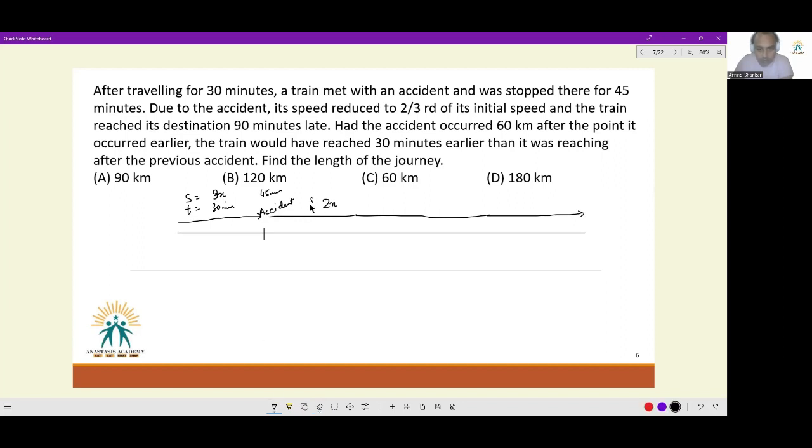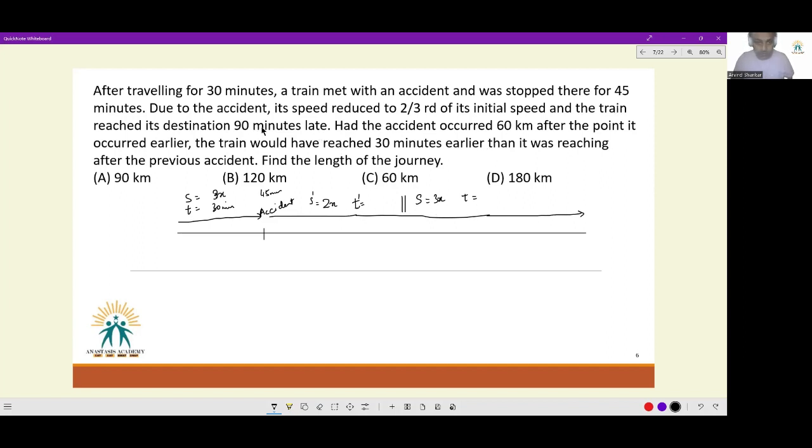Train moved forward with a new speed of 2x, and the time that it took it, see, if it had been moving with the normal speed of 3x, it was planning to travel this distance at the speed of 3x. So the ratio of times taken in these two instances, the new time taken and the old time taken, the ratio would have been 3:2.